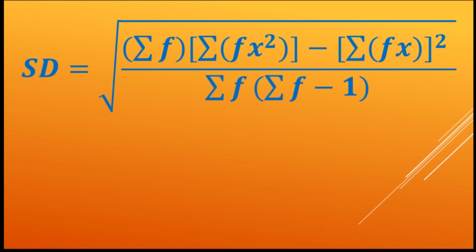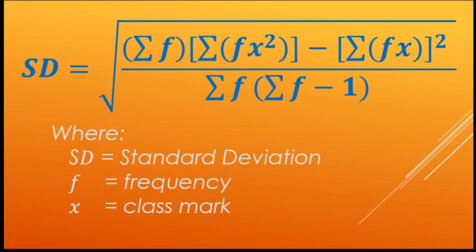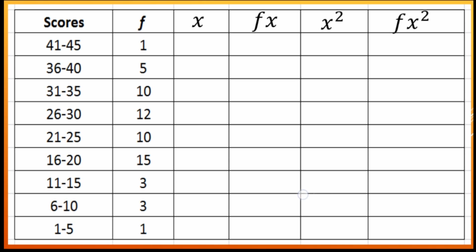It looks complicated, but actually it's more on the summation of some of the columns in our frequency distribution table. So SD here is the standard deviation, f is the frequency, and x is the class mark. After knowing the formula, we will proceed to the columns that we're going to add to the frequency distribution table.